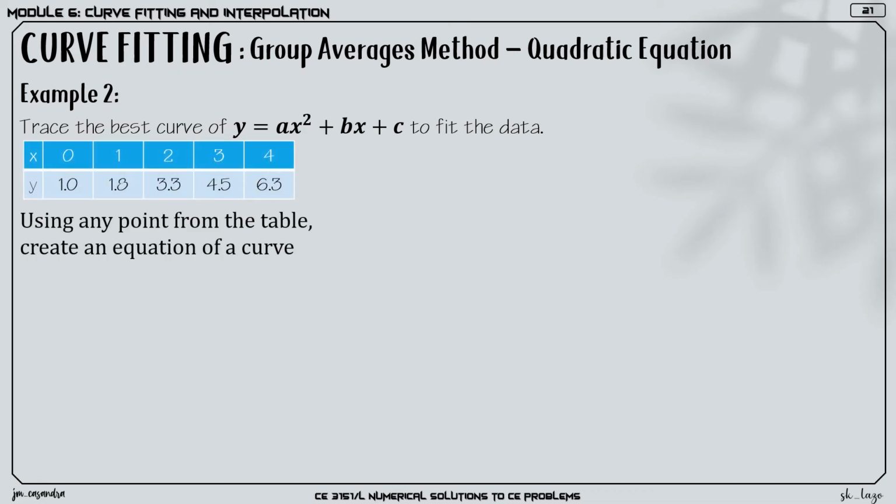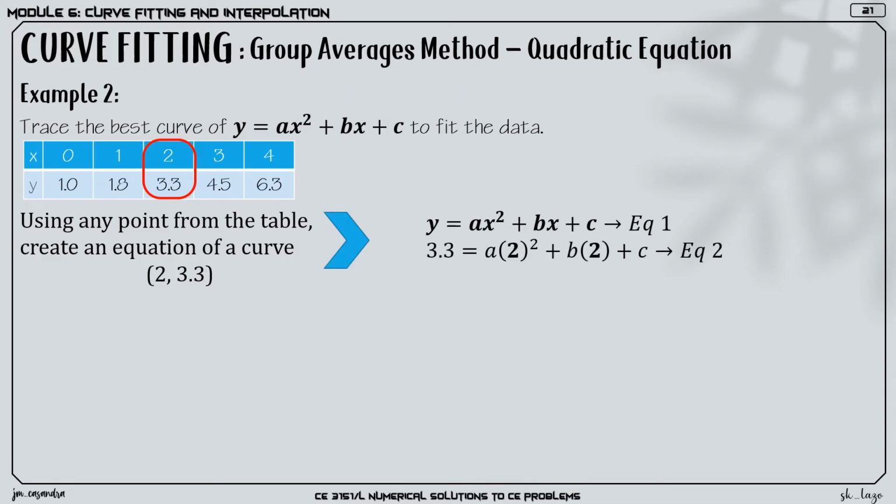Again, using any point from the given table, we create an equation of the curve. So we use the point 2, 3.3. We have equation 1, the general equation of the curve, and equation 2 will be the equation of the curve using the chosen point.